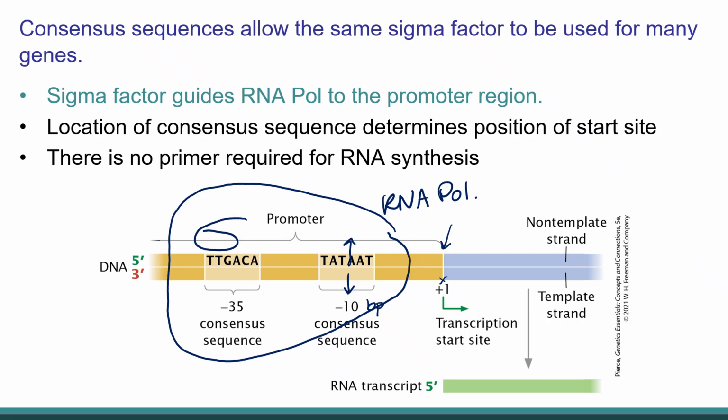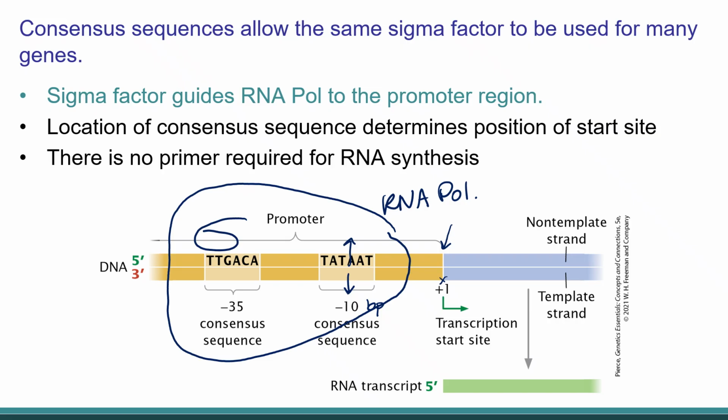There is no primer required for RNA synthesis. Remember, for DNA synthesis, DNA primase came in and laid down a little RNA primer to start replication. RNA primase could do that because RNA primase is an RNA polymerase, and it can add in the complementary nucleotide without a 3' end to attach it to.